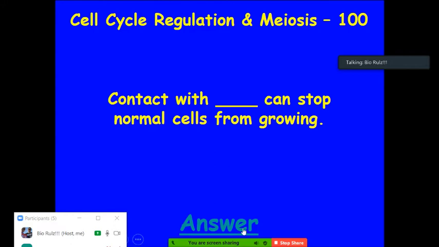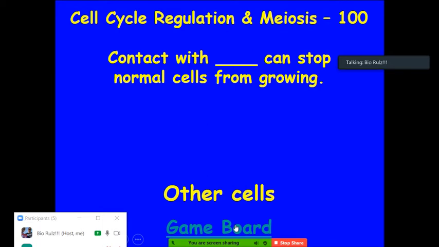All right, here we go. Contact with other cells. Remember, one of the warm-up questions we did suggested that when cells bump into each other, they know it's time to stop growing because there's no more room for the cells.